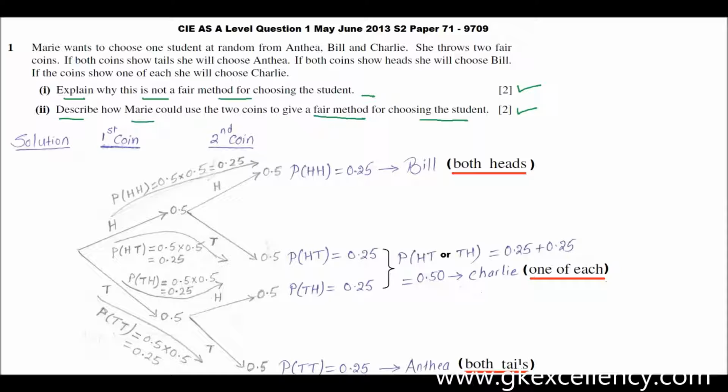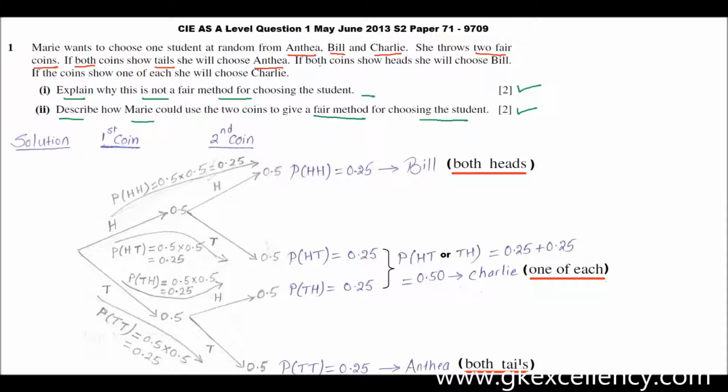Now, I need to draw your attention to a few more important points. She needs to choose one of the students from Anthea, Bill and Charlie. She throws 2 fair coins. Let me highlight this one, underline this: 2 fair coins. If both the coins show tails, she will choose Anthea.